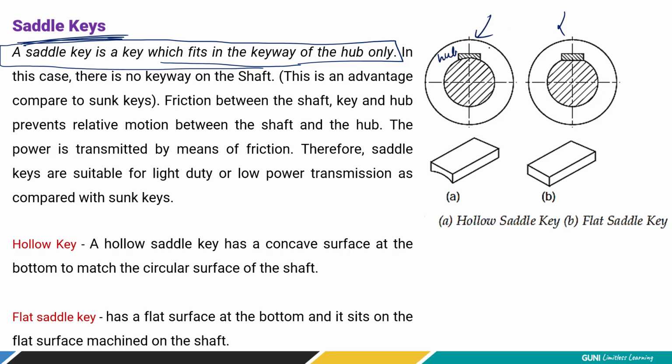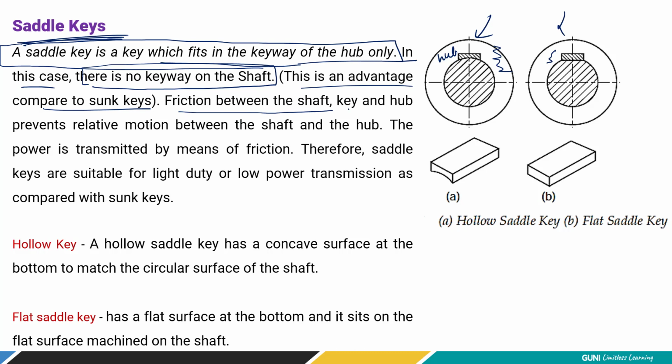So this is the hub portion. Why? In this case, there is no keyway on the shaft. This is the advantage, right? So this is an advantage compared to the sunk key. Now, how is it going to provide torque transmission? How is it going to prevent relative motion?